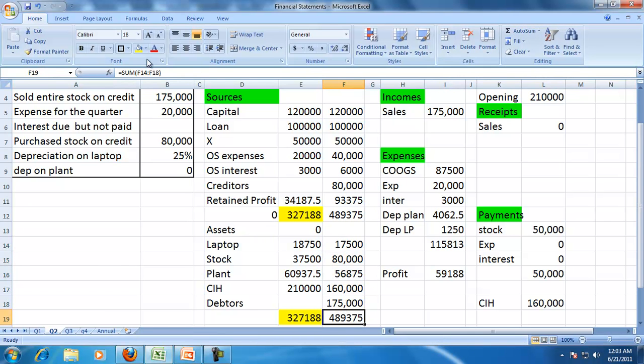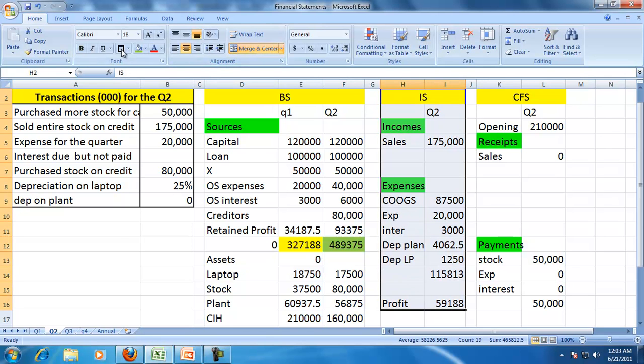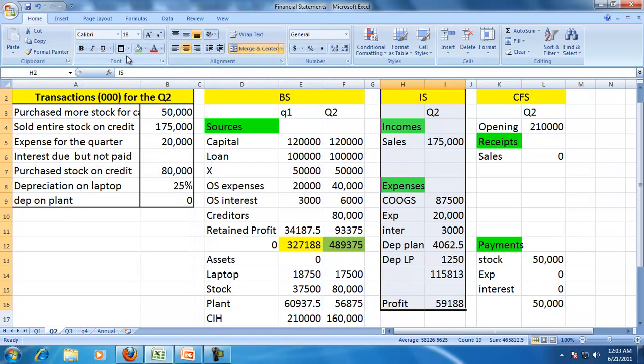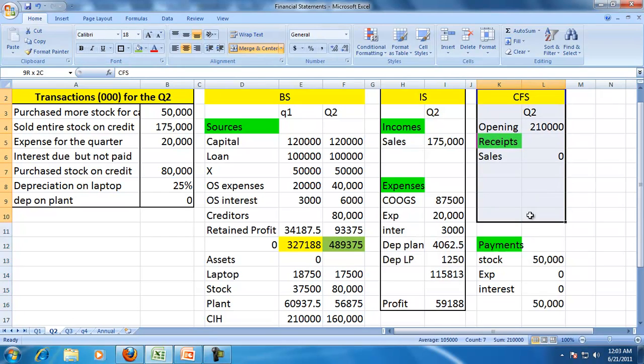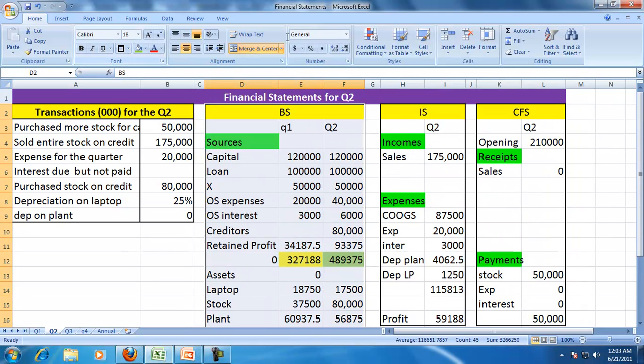That means by the end of quarter 2, there will be a balance sheet for every quarter end, and the income statement for the quarter. The income statement, incomes and expenses are for the period. The cash flows are during the period, and the balance sheet is as on that date. That means it's a cumulative picture. Balance sheet is as on that date.